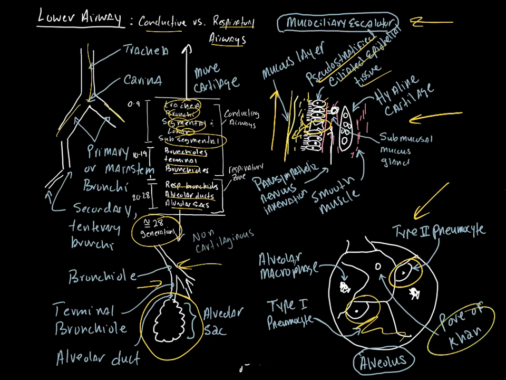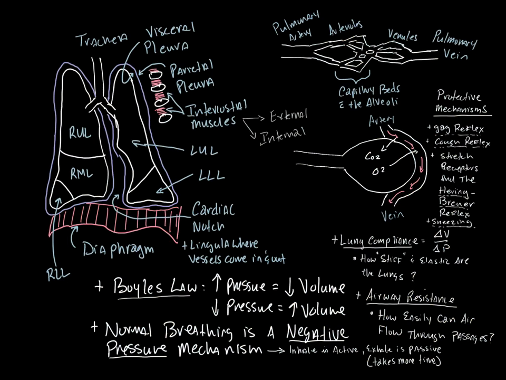Oh, look at that. There's a pore of Kohn. All right. And then the macrophages, which are white blood cells. They are phagocytic white blood cells that are within the alveoli, and they're kind of like the final defense layer for stuff that can get into the lungs. Okay, so let's look at the lung.